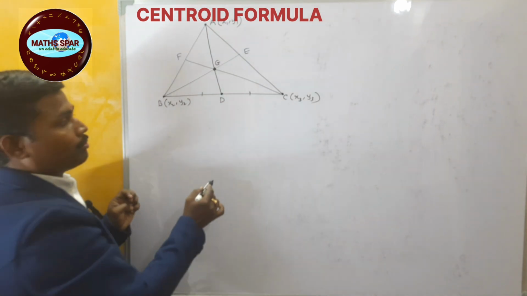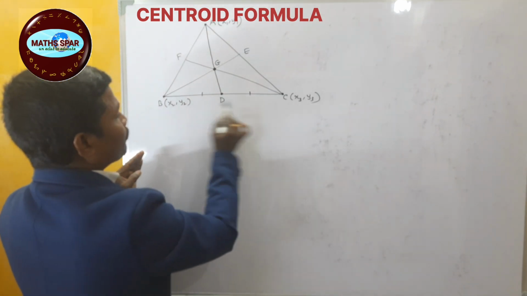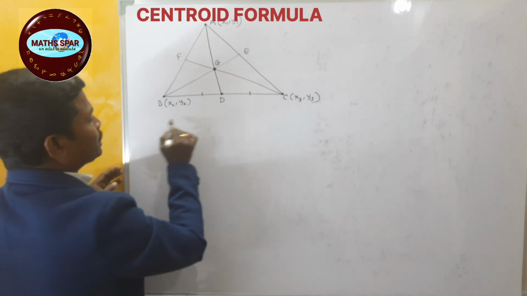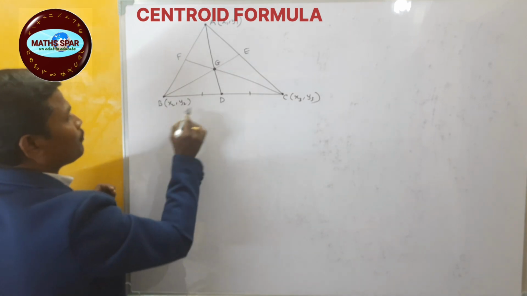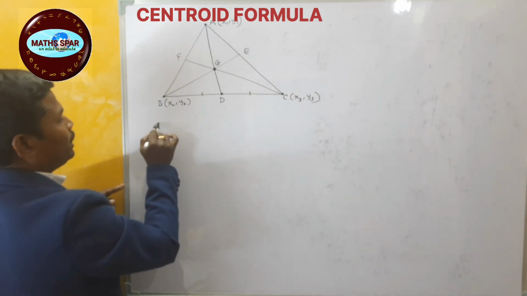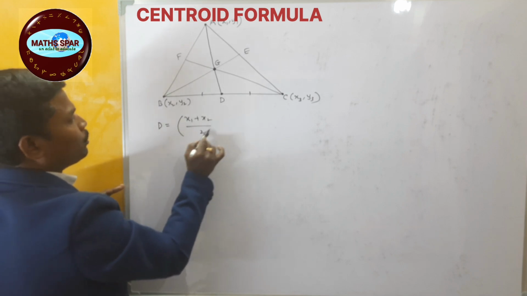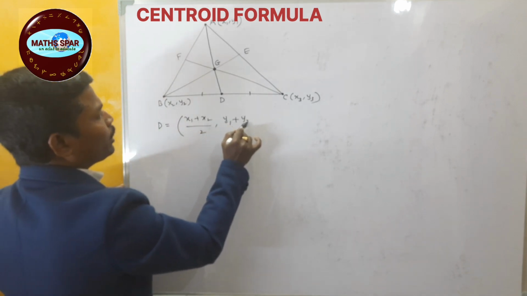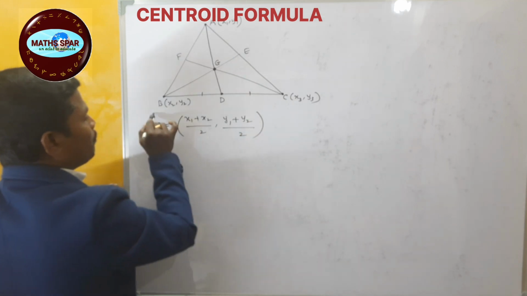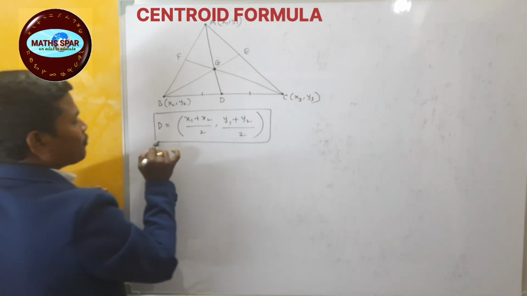Now D being the midpoint of the side BC, we will find D first. D is (x1 plus x2 by 2, y1 plus y2 by 2). This is the midpoint formula.